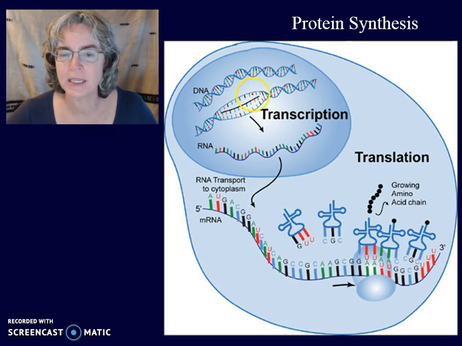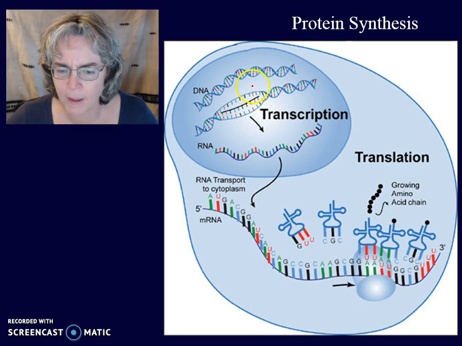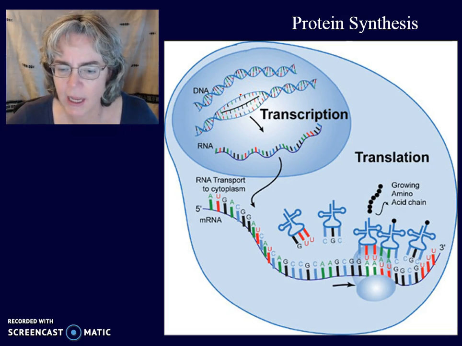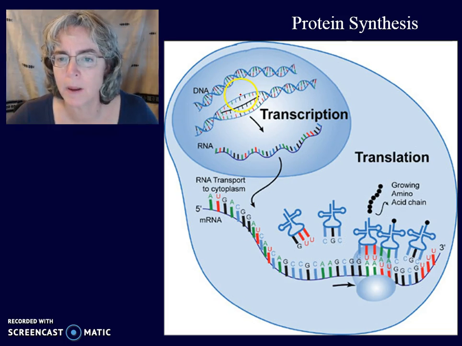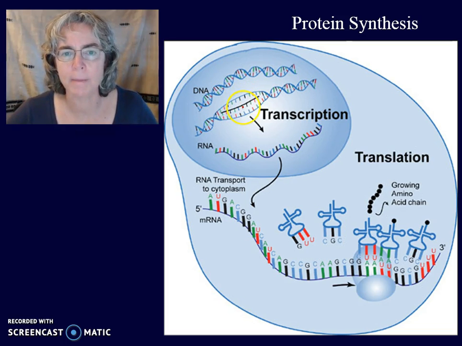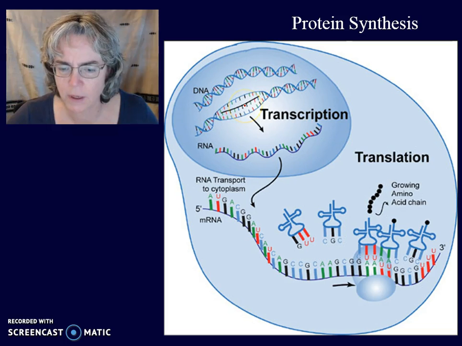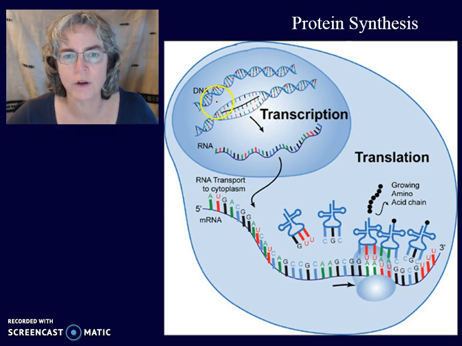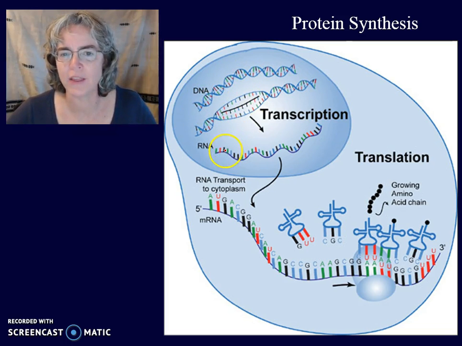DNA is transcribed monomer by monomer from one type of nucleic acid, which is DNA, to another type of nucleic acid, which is RNA.